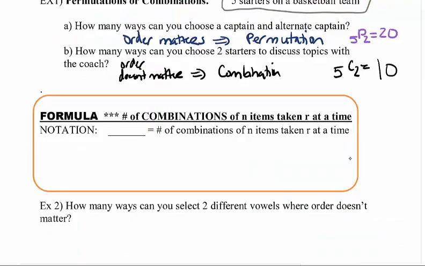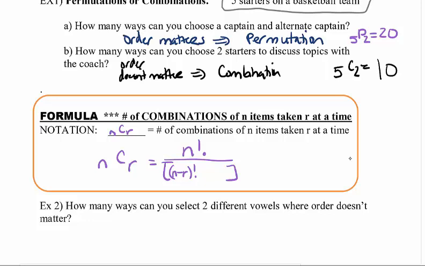Your formula, which was on the top of this page, is nCr. And remember, we're eliminating some of the choices. We always still start with the total number of options, which is n factorial. When we were dealing with a permutation, we divided by what we eliminated, which was the n minus r factorial.